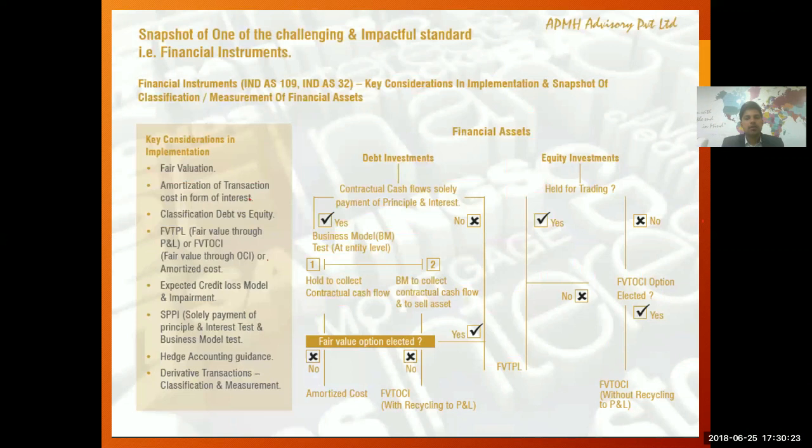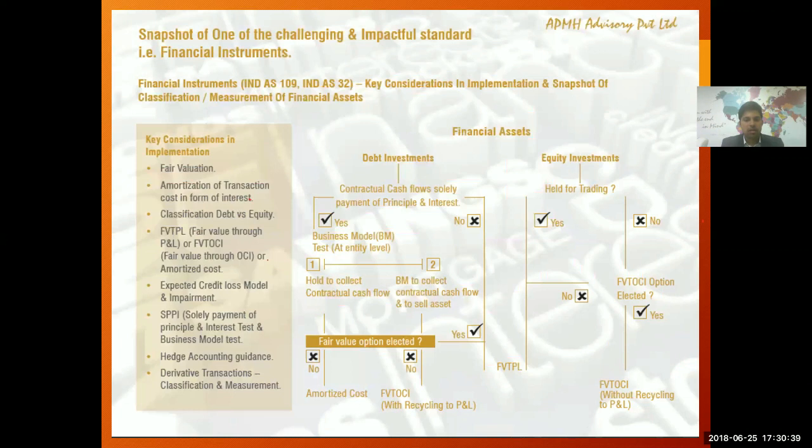Financial assets will be classified in either amortized cost, FVTOCI, or FVTPL, based on the business model and contractual cash flow test. Now, let us take the first example of debt investment.